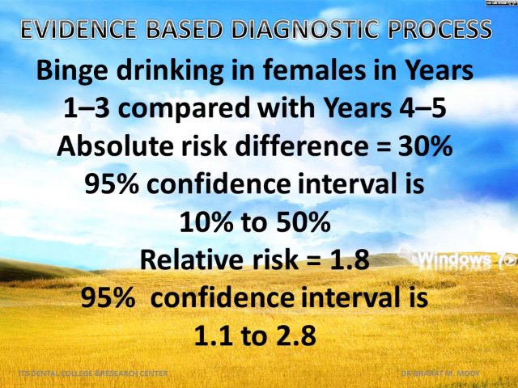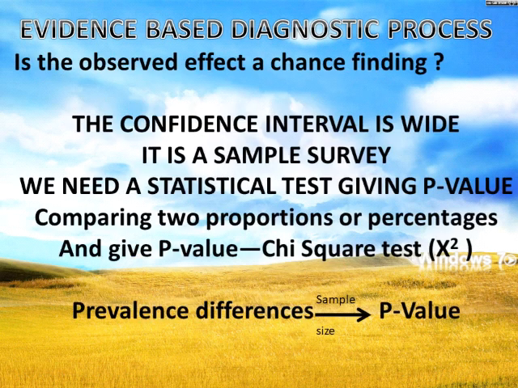Now if you take the binge drinking in females in years 1 to 3 compared to 4 and 5, the absolute risk difference is 30% with a confidence interval of 10 to 50%. But the relative risk is 1.8, with a confidence interval of 1.1 to 2.8, which is slightly narrower. So always try to use the relative risk or risk ratio in your article, rather than going for the risk difference, because that might give you a false sense of confidence.